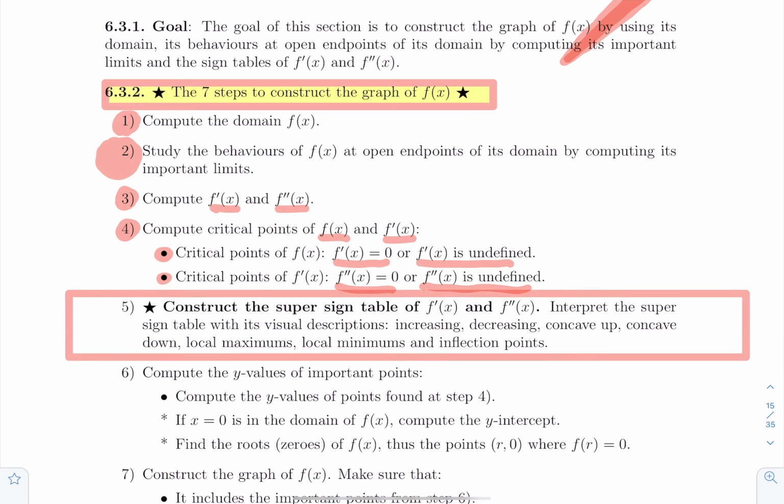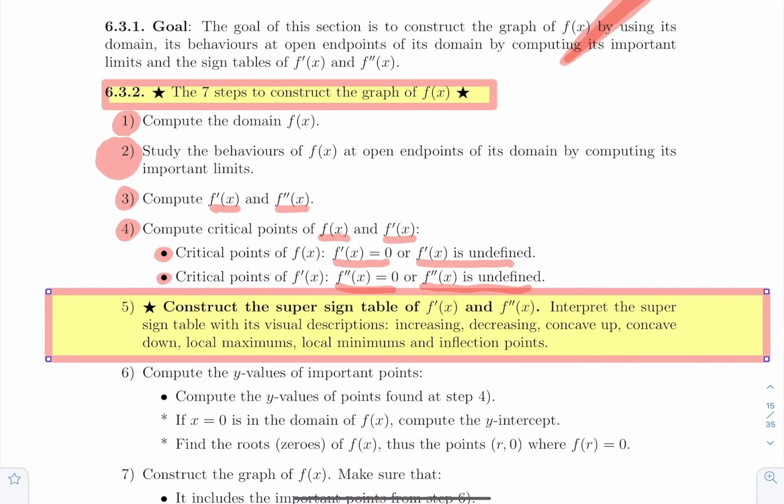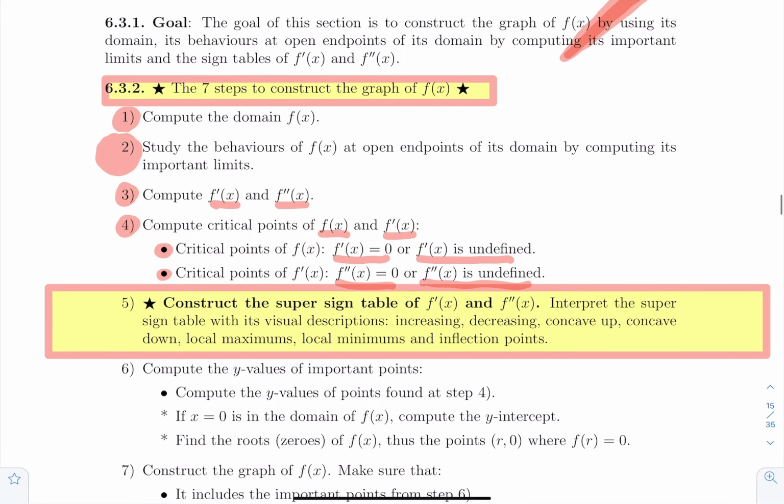You're going to use that super sign table, which is basically just 2 sign tables together, one for f prime and one for f prime prime, where we use the sign of the first and the second derivative to compute where the function is increasing, decreasing, and to classify critical points into local minimum and local maximum, or just increasing or decreasing points. And also, this is where we're going to compute where a function is concave up or concave down. And if there's any inflection point, this is in step 5 that you're going to see it.